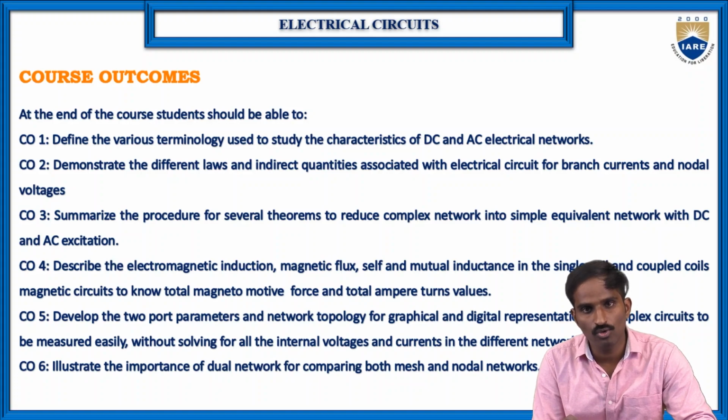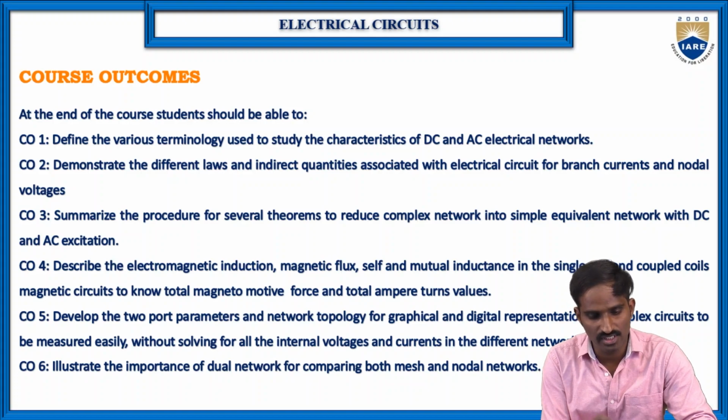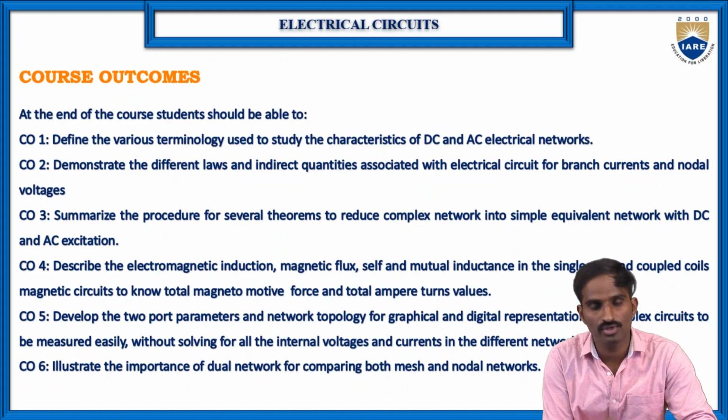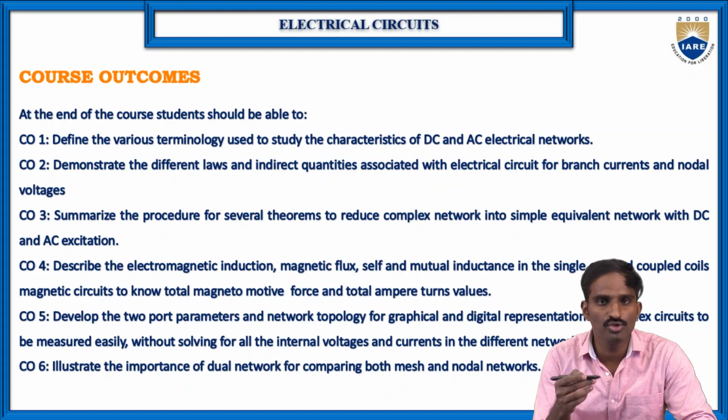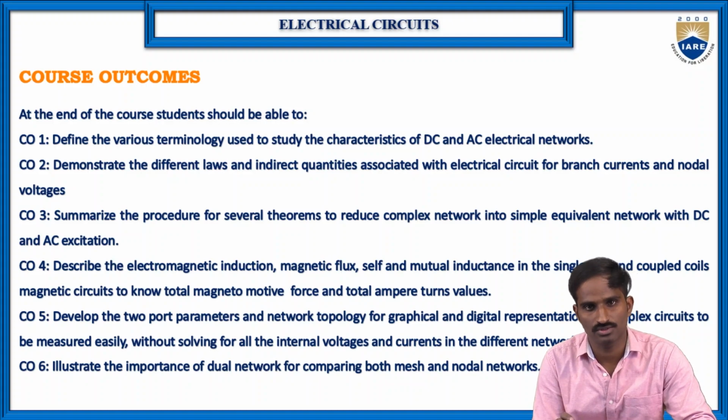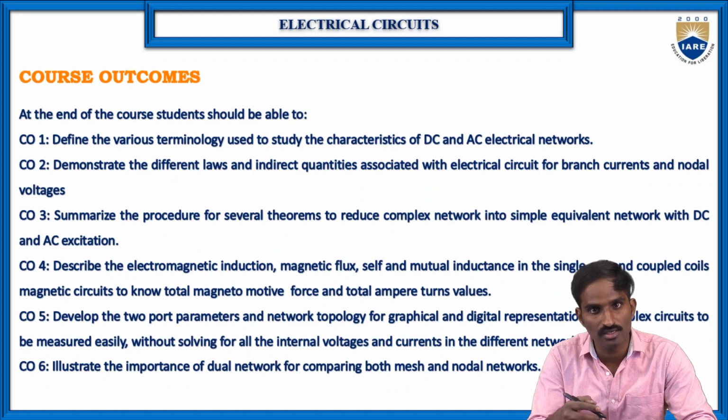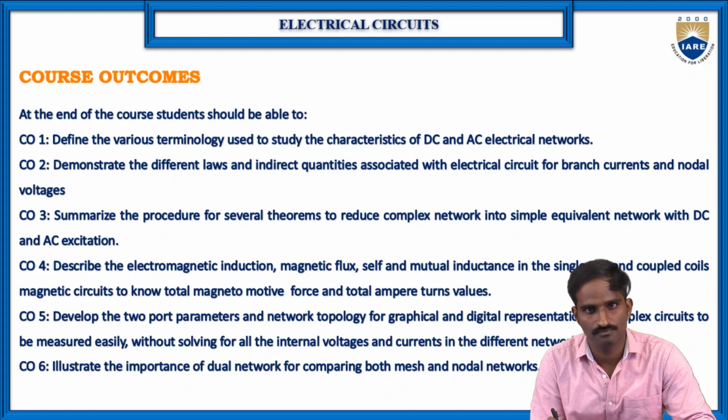But the course outcomes, every one of them, start with the statement: at the end of the course, students should be able to do something. After successful completion of this course, what the student can do, where the student can apply these concepts, is defined by the course outcomes.